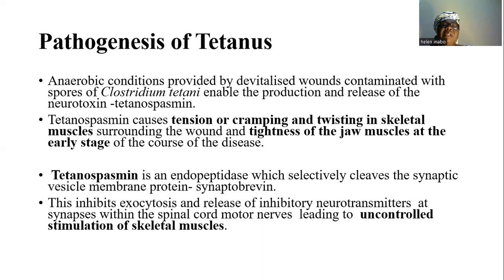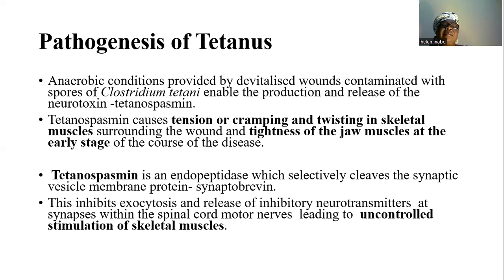But if it is contaminated with spores of Clostridium tetani and anaerobic conditions are provided by this devitalized wound, this will enable the germination of the spores of Clostridium tetani and production and release of the neurotoxin tetanospermin.